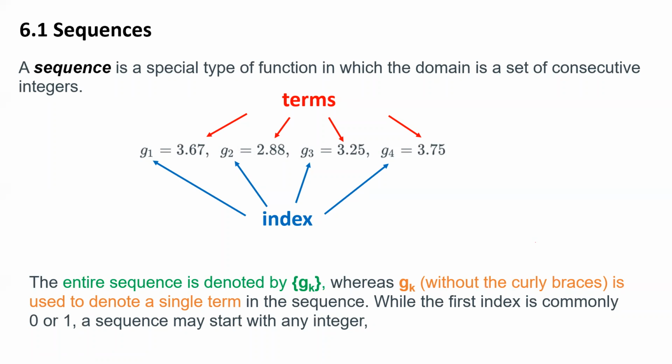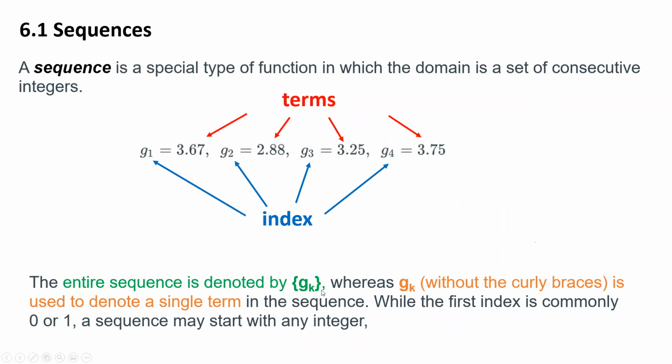Whereas if we just say G sub K, then we're talking about just the general term, or maybe we're going to talk about G sub 2, which would be this one right here. But notice when we're talking about individual terms, we don't put the curly braces around them. If you see the curly braces around G sub K, you know we're talking about the sequence in general.